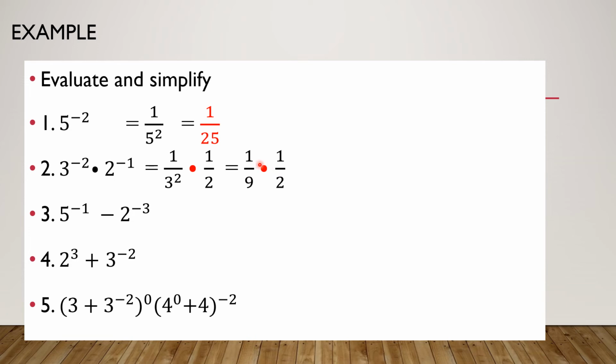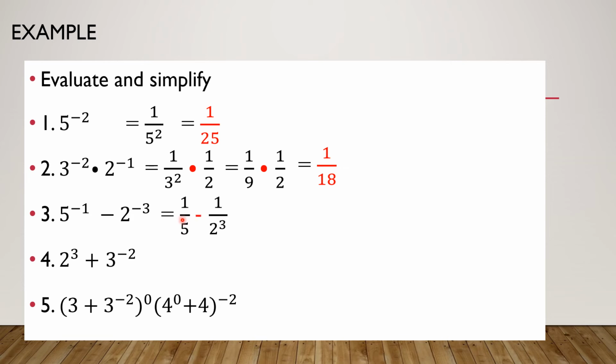So, multiply the numerator, multiply the denominator. So, 1 times 1 equals 1. 9 times 2 equals 18. So, the answer is 1 over 18. For number 3, 5 raised to negative 1 minus 2 raised to negative 3.